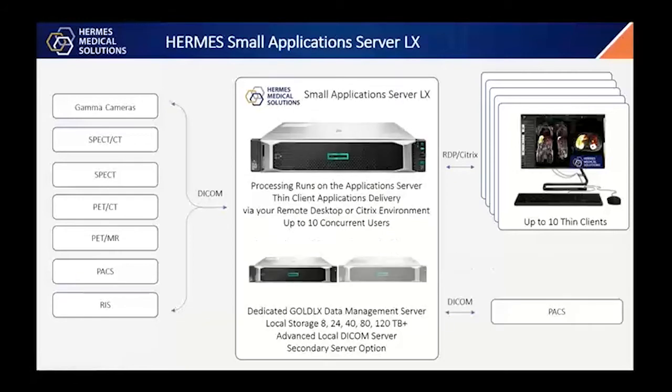Now, if you go up another level, we have a small application server, LX. The LX indicates that we have a Linux system attached to do your DICOM communication, and you can also have some storage facility within that. It separates out the applications layer, which is this top box, from the data layer, which is this bottom box here.